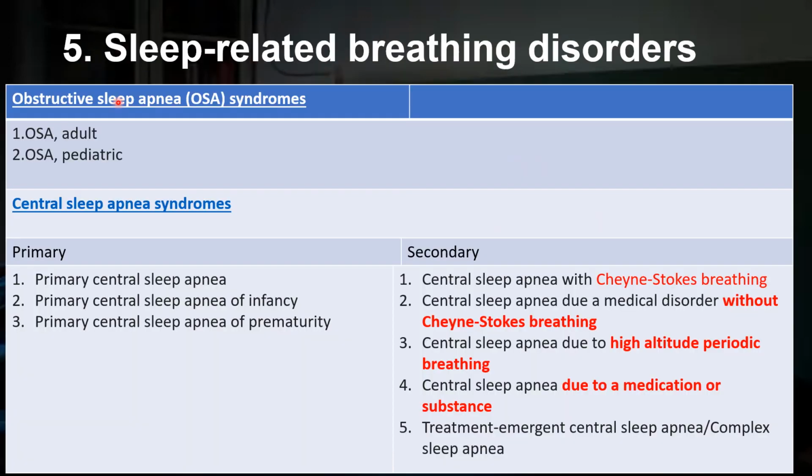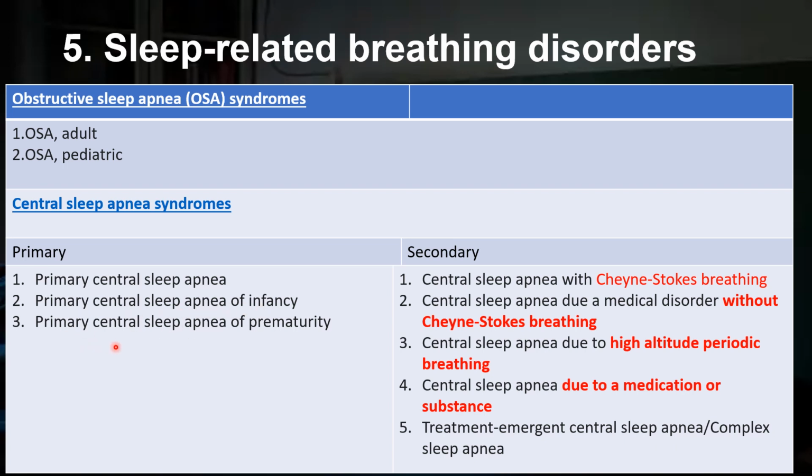The fifth category includes the sleep-related breathing disorders. Under this category, the disorders can be discussed under 5 subheadings. One is the obstructive sleep apnea syndrome, which is present in adults or can be presented in pediatrics. The second is the central sleep apnea syndrome. It can be divided into primary and secondary. Primary includes primary central sleep apnea and primary central sleep apnea of infancy.